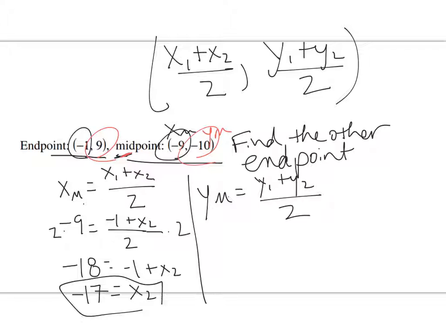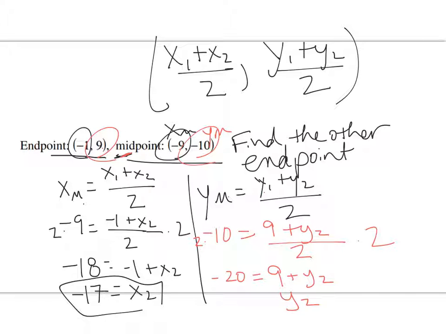So my -10 is going to equal my y1, which is a 9, plus my y2, which I don't know, I'm solving for that, over 2. So then multiply both sides by the 2, you get negative 20 equals 9 plus y2. So then y2, when I subtract that 9 over, is going to be negative 29.